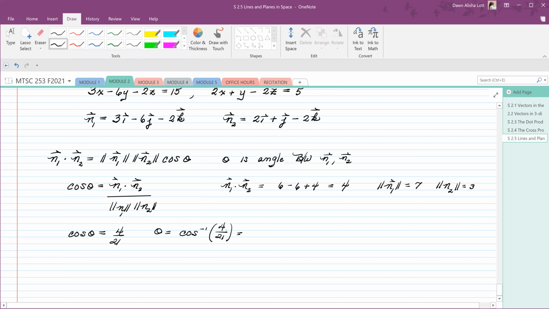And that equaled 1.38 radians. It's not quite pi over 2, but it's smaller than pi over 2.